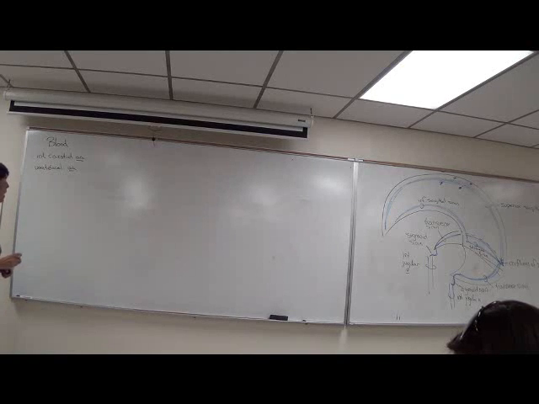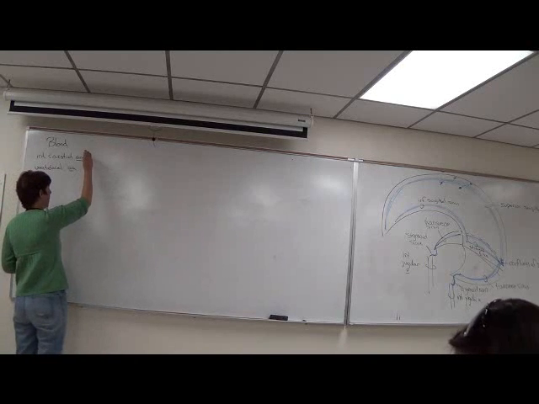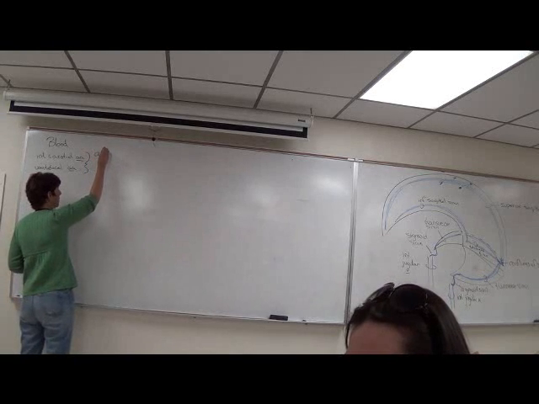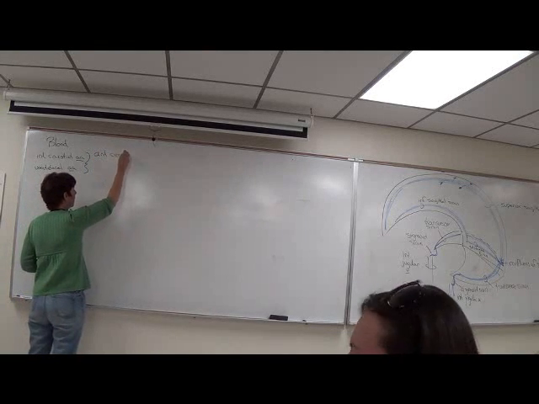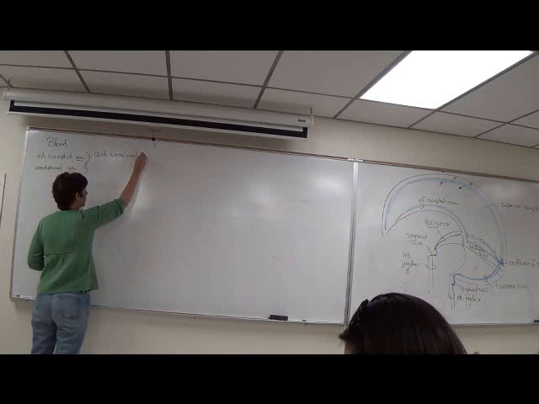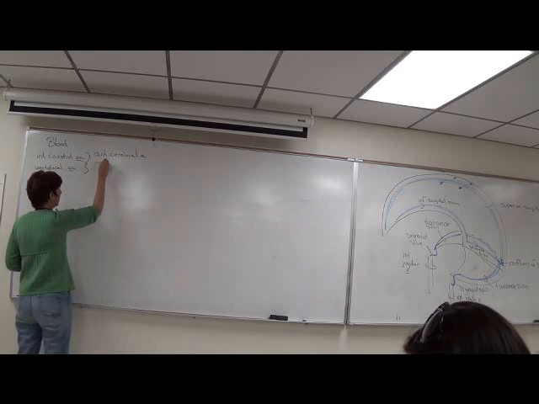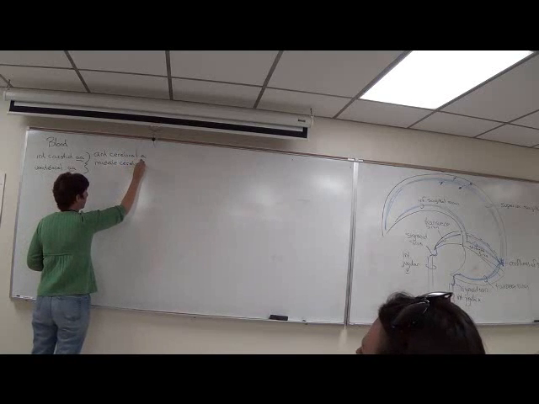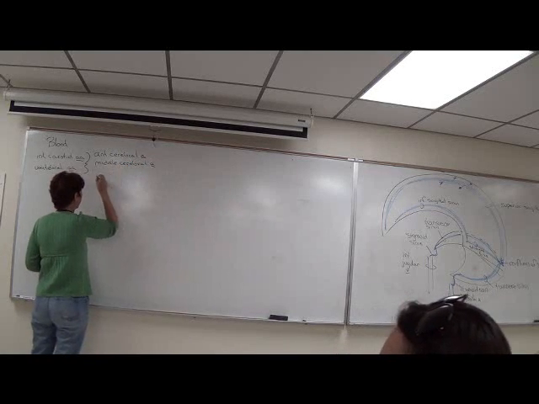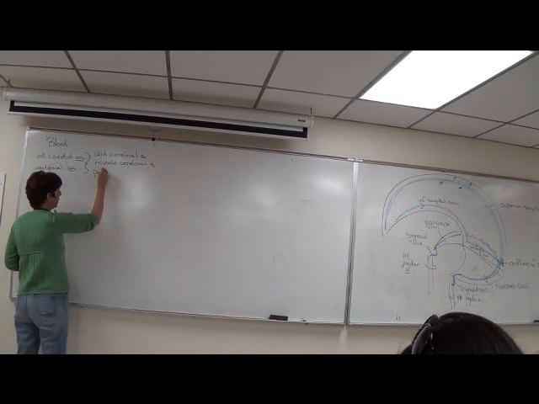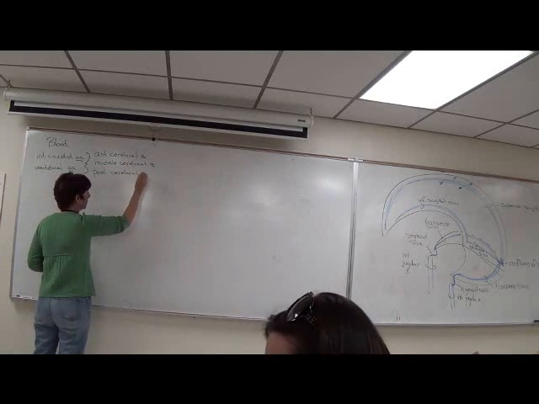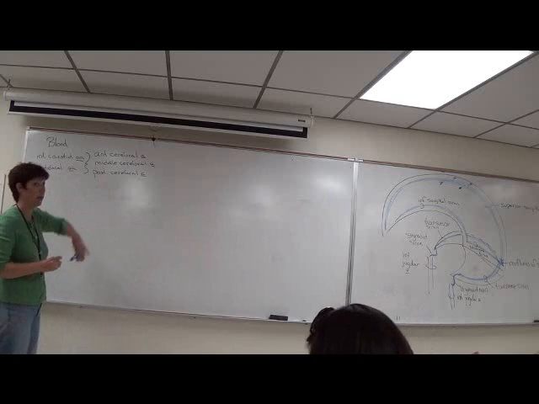Okay. And I'm not going to do the minor ones, but together these create the anterior cerebral artery, middle cerebral artery, and posterior cerebral artery. So all of that we've already covered.